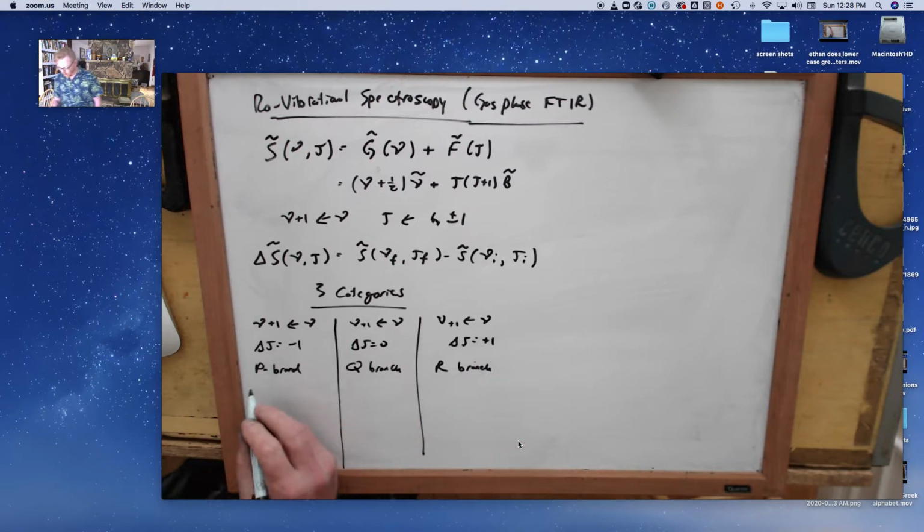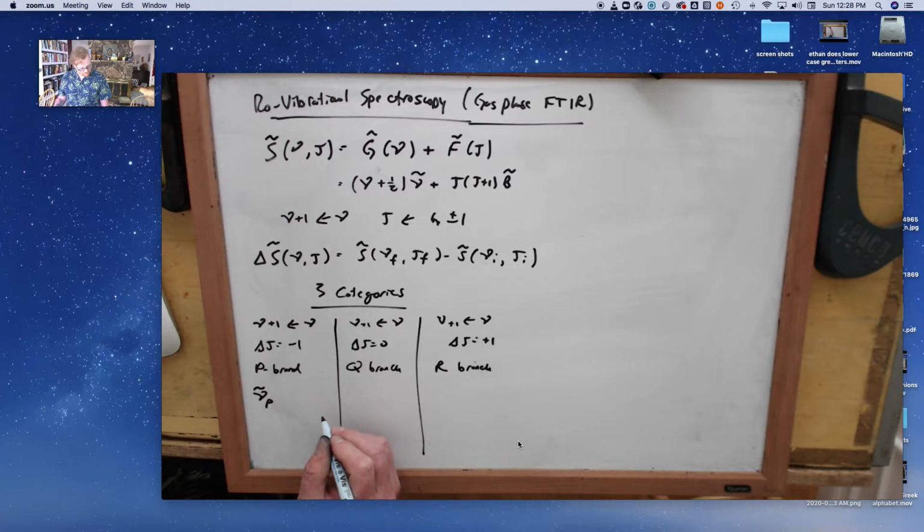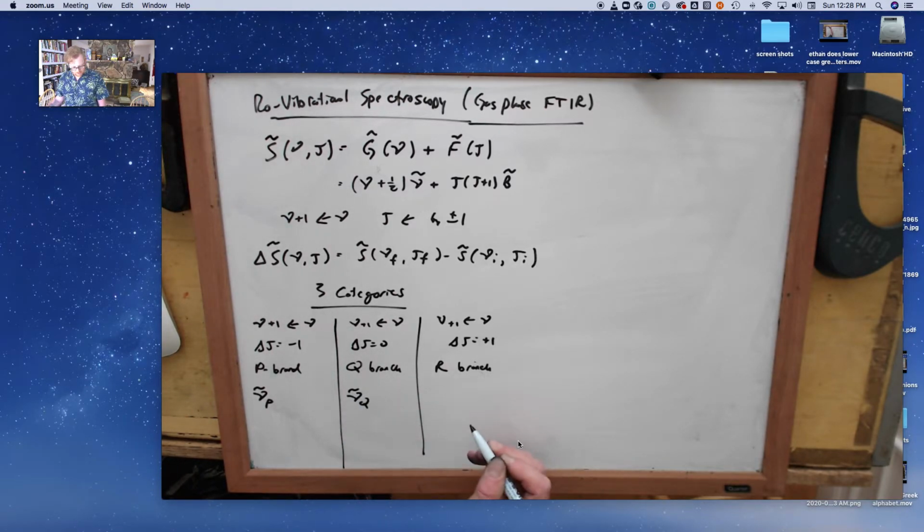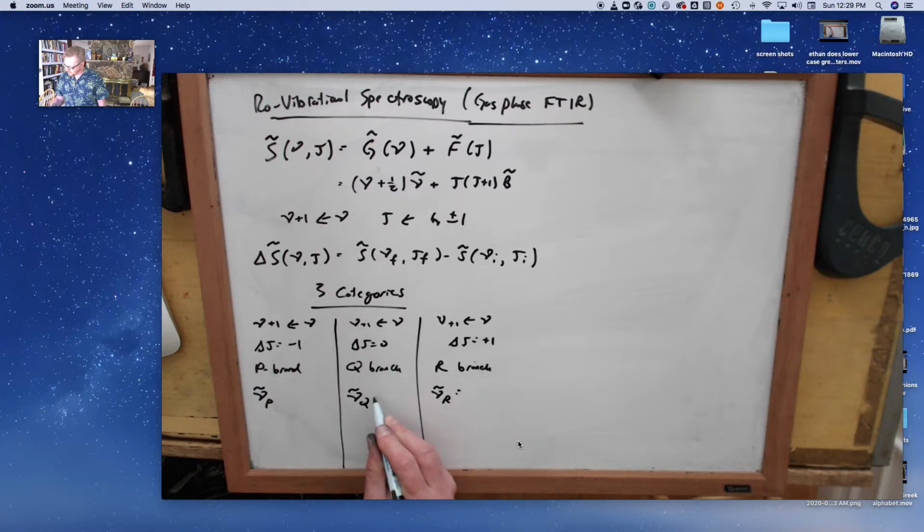Okay? And so I'll write this as nu of P, this one as nu of Q, and this one as nu of R. And if we were live in class, I would have you derive these equations. I'm just going to cut straight to it and give you these directly.